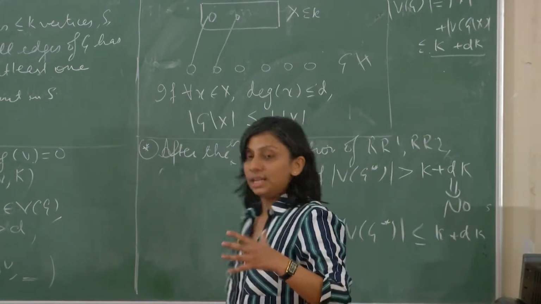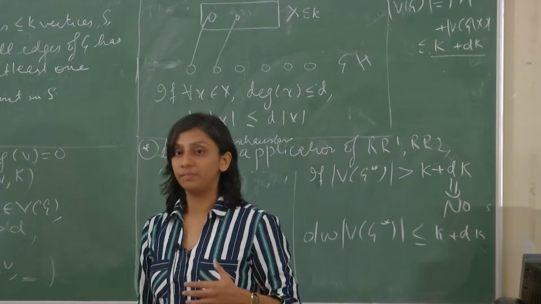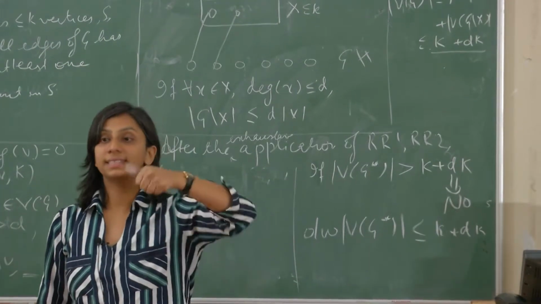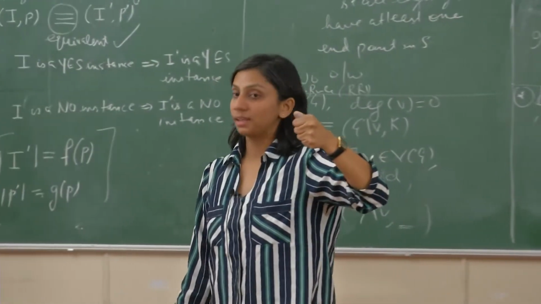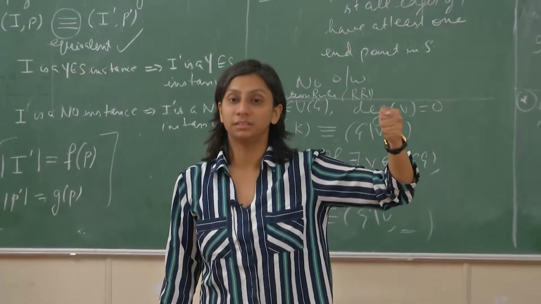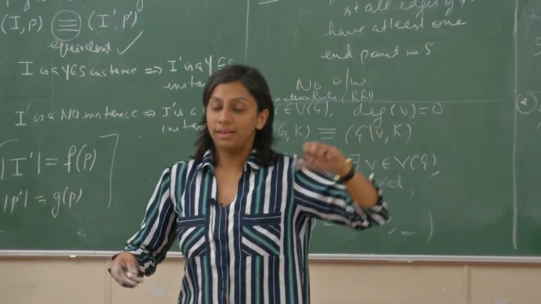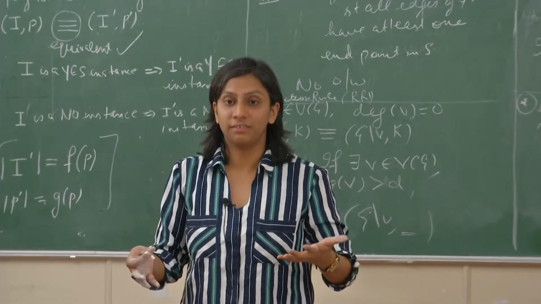Okay. See, suppose you have a graph, and the graph had a k-size vertex cover. Look at any vertex. How many edges can a vertex cover? A vertex cover covers the edges of the graph, right?